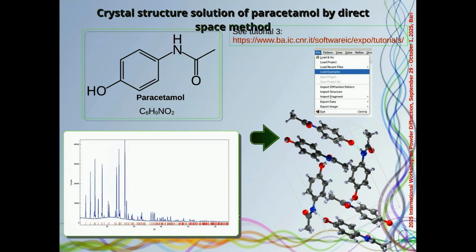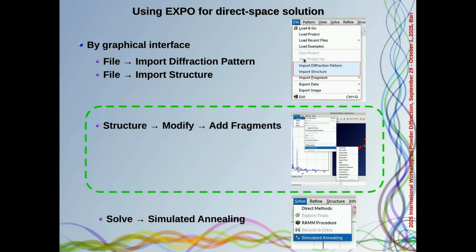This is another example that you can find in the tutorial that you can access by using this link. You can run the direct space solution without writing the input file, just using the graphic interface. First of all, click on File, Import diffraction pattern, because you need the diffraction pattern.